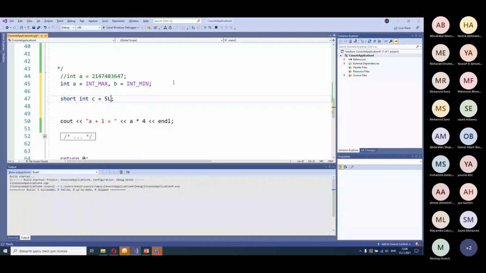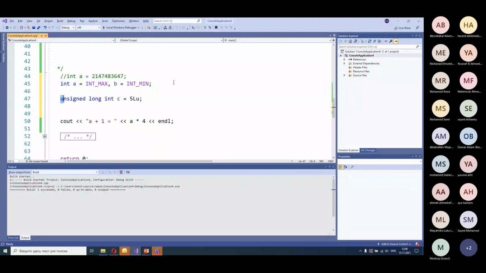Sorry, maybe it doesn't work in this compiler. Long c equals 5L. It means that this constant 5 will correspond to the type long. Or LU, it means unsigned long.